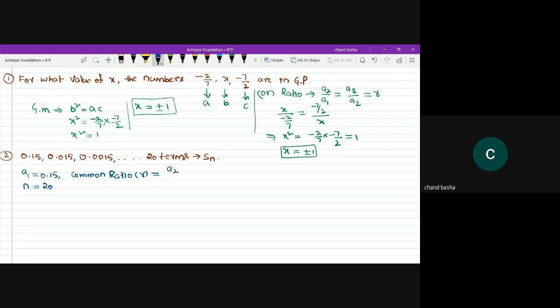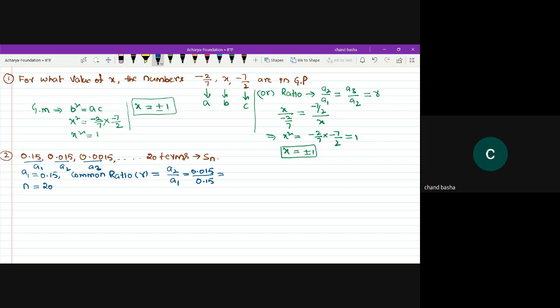A2 upon A1. You can take any one. I'm taking this as A1 and this as A2 and this as A3 and so on. This is equal to 0.015 divided by 0.15. So if you want, you can multiply with 1000 divided by 1000.